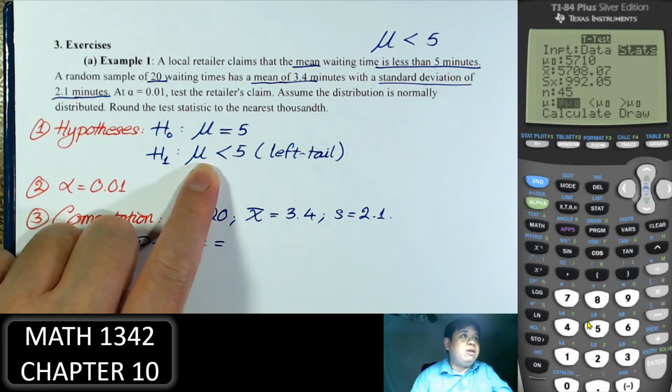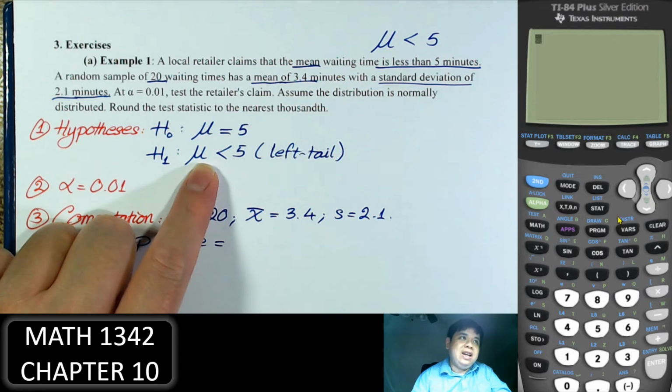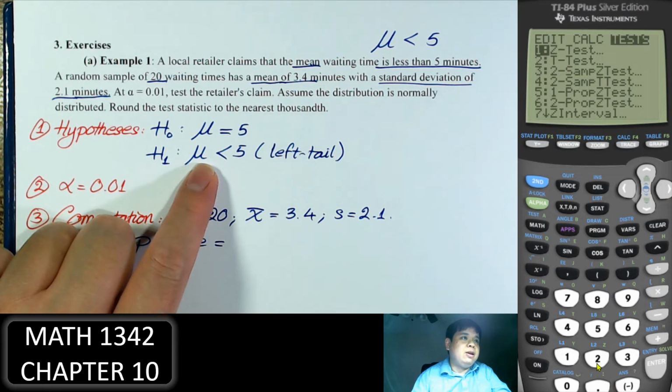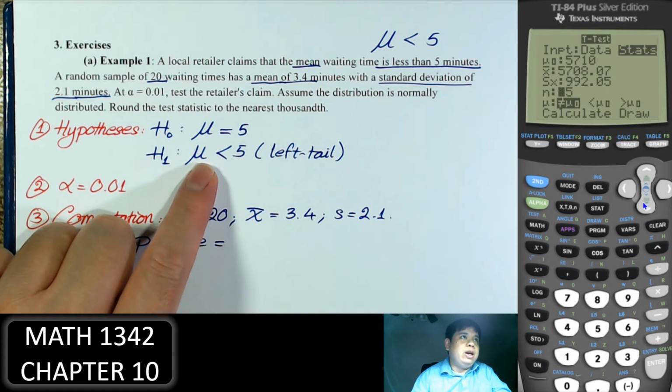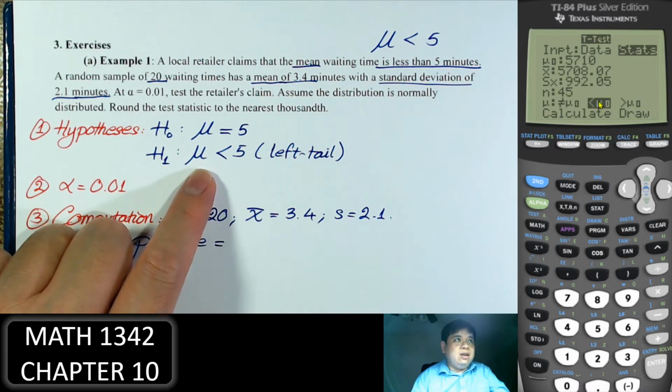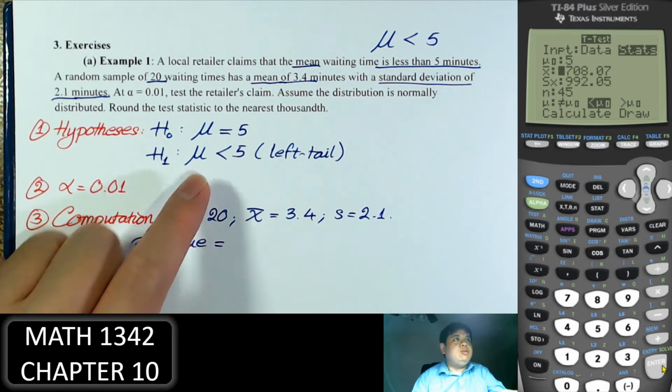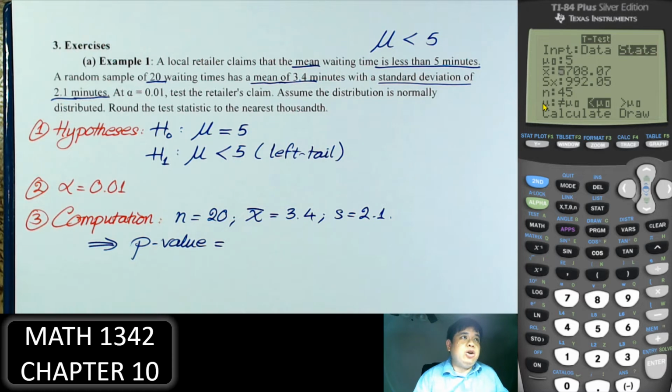It's less than 5, so we choose that option. So it is less than mu naught, and mu naught is going to be 5.